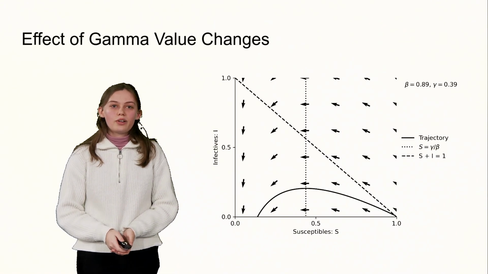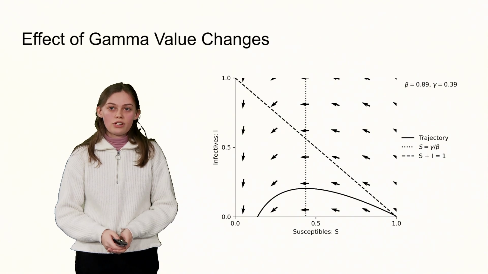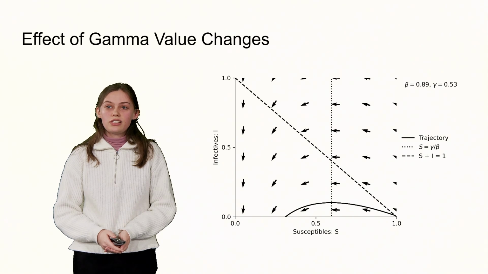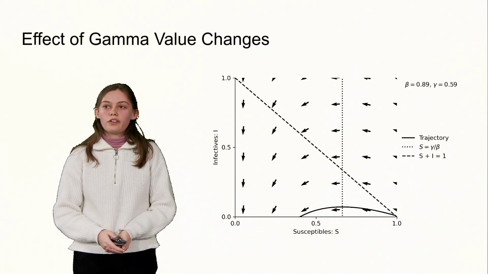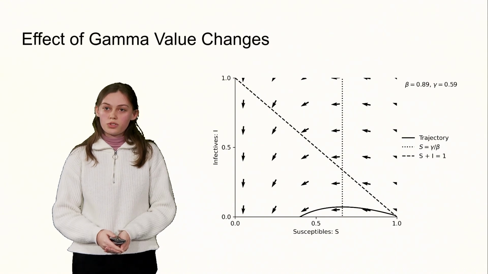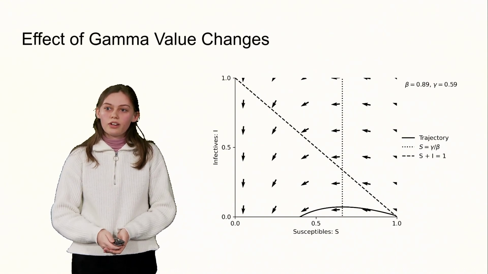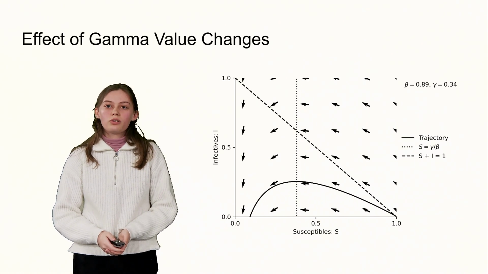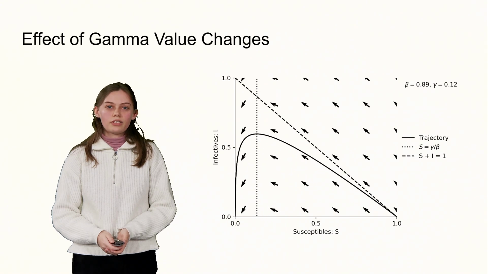Then we have our second rate, which is our recovery rate, which is gamma. So we can see here, if we have a very high gamma, that means that the recovery time is very short, so a lot of people can very quickly recover. And so we, again, have a very flat graph because it doesn't take long for people to get over it and they won't infect other people.